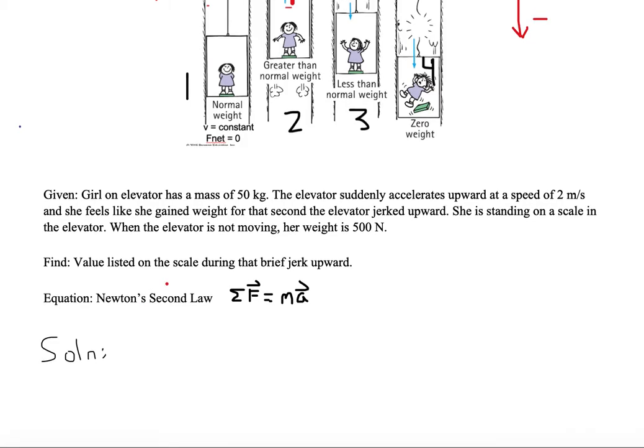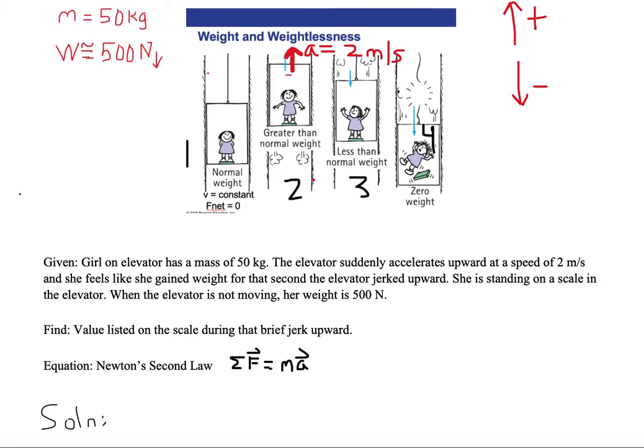All right, so we need to find the sum of the forces. Here we have this girl, she's in the elevator, and she's standing on a scale. She has weight, and that weight is pulling down on her. That weight is 500 newtons.